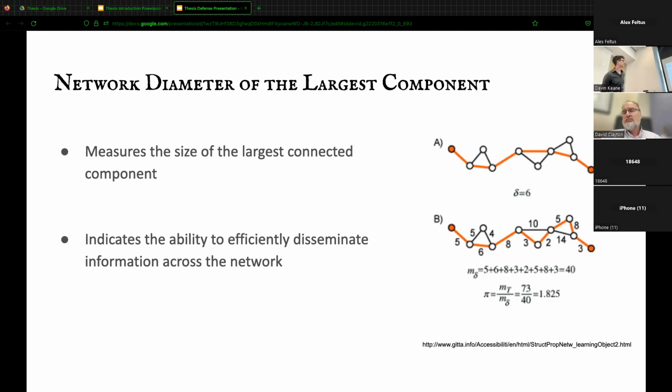And the network diameter tells us something of the efficiency of dissemination of information across the network. By taking the 2 nodes that are the furthest apart and asking what is the shortest path, in number of edges, that would connect those nodes, and taking that number as the network diameter, we can tell something about the ability to disseminate information or travel through fewer edges, even as the network gets larger and larger.